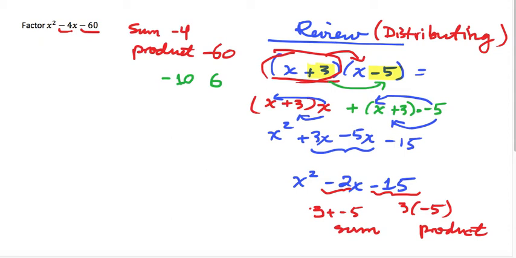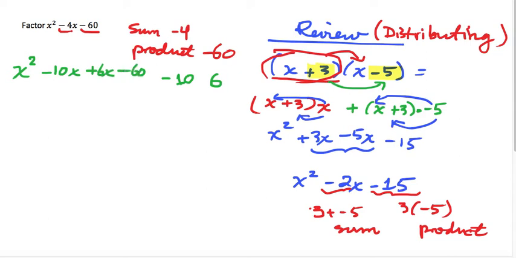And what we're going to do next is we're going to take this negative 4x, and we're going to split them. So x squared minus 4x minus 60 is the equivalent of x squared minus 10x plus 6x, and then minus 60.